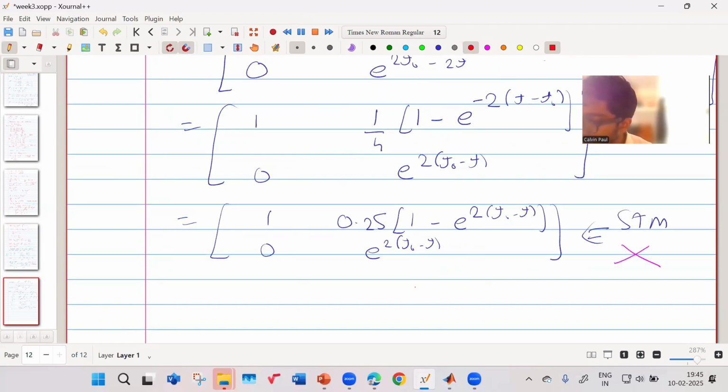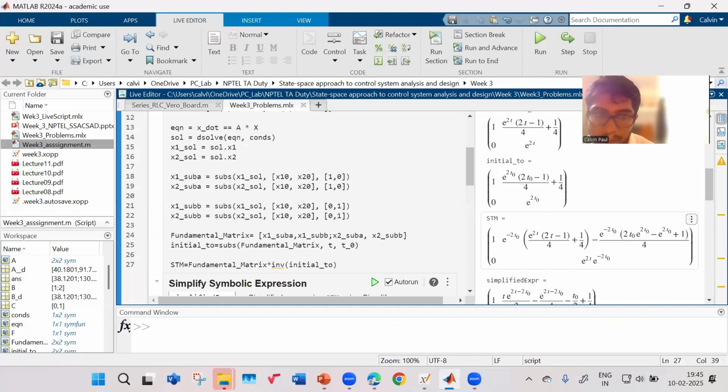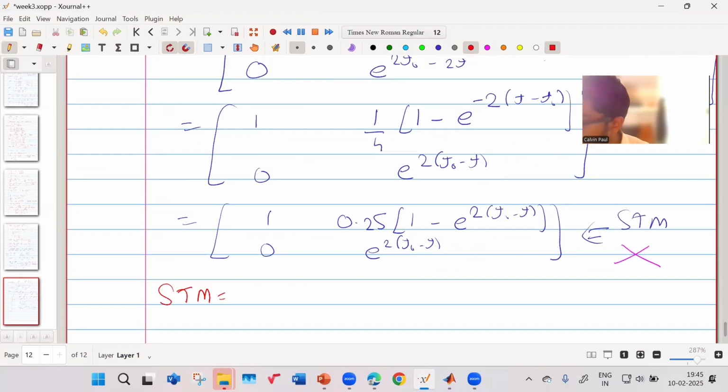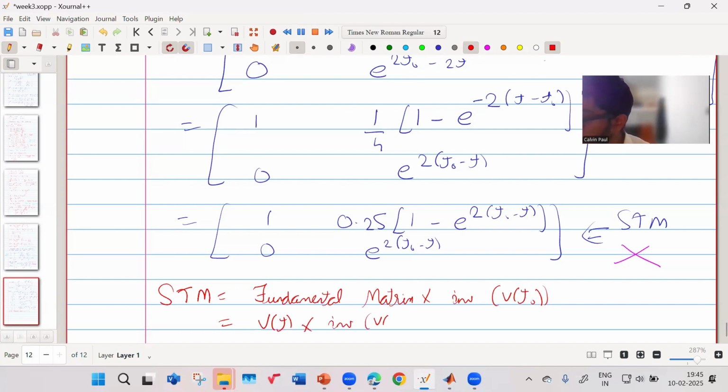So the state transition matrix is actually given by this formula. It is the fundamental matrix into the inverse of v of t0, right? So that is v of t into inverse of v of t0.